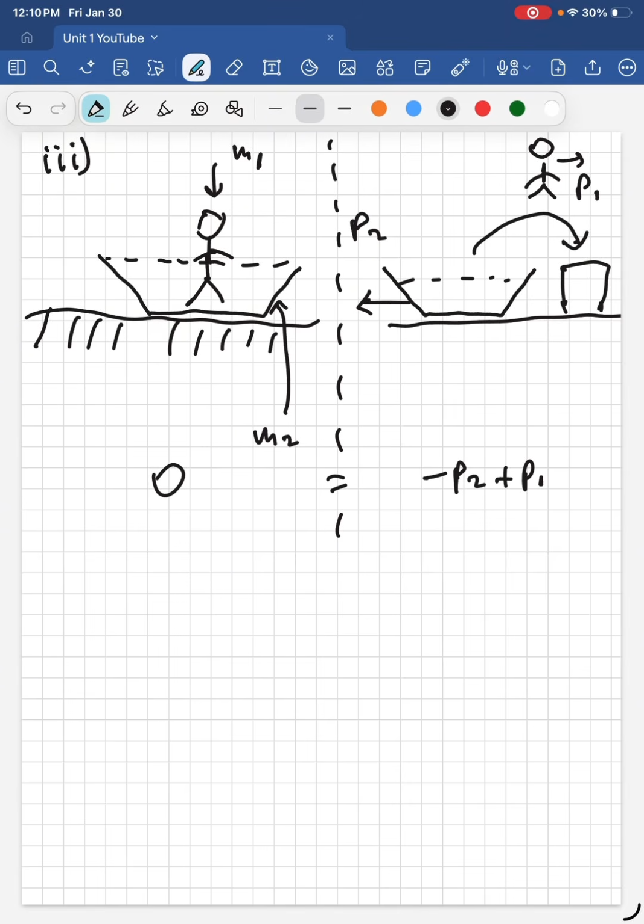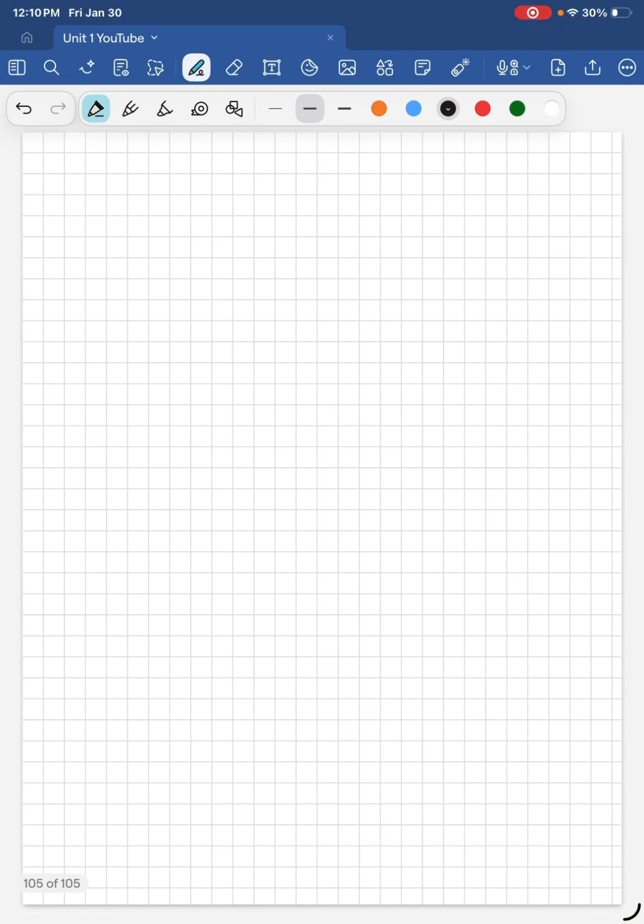To close off this video, this is it for collisions and momenta and such. We're going to reintroduce Newton's third law. So let's talk again about Newton's third law.